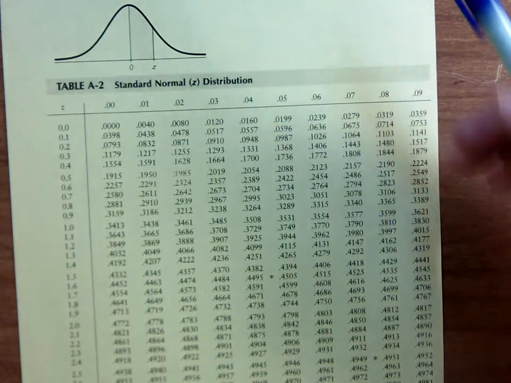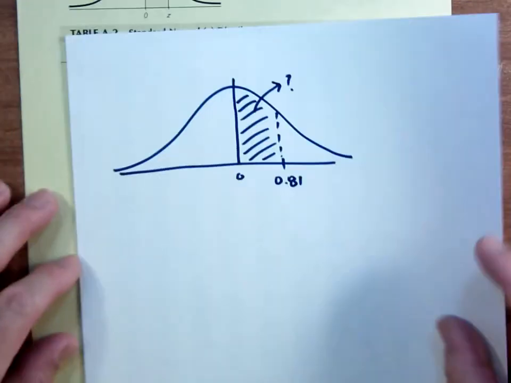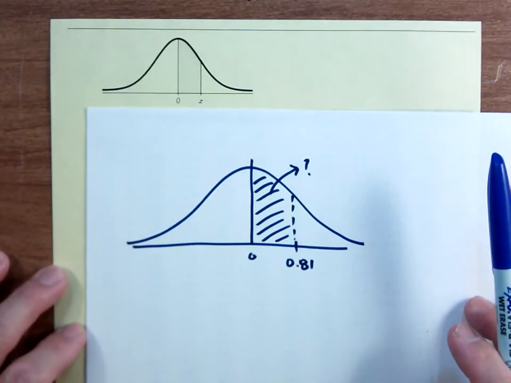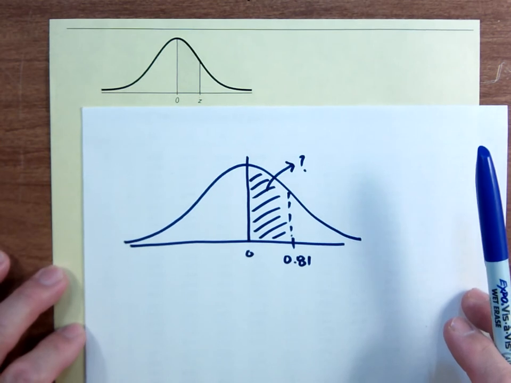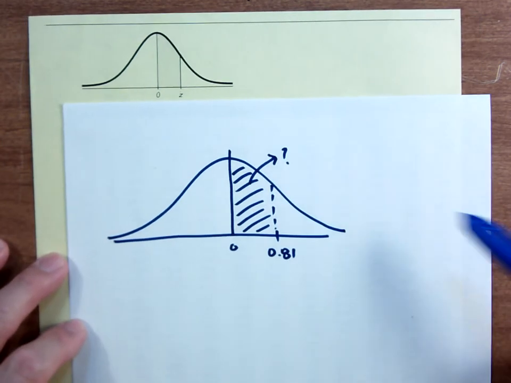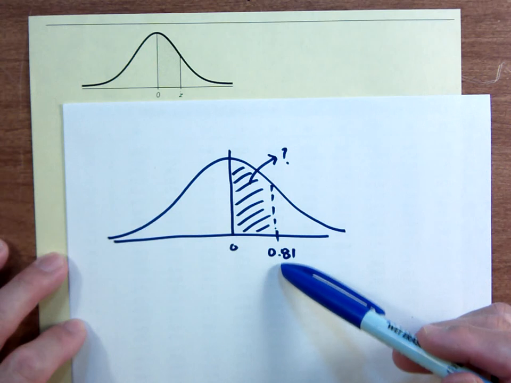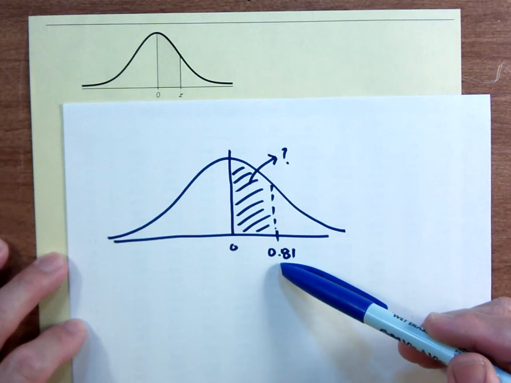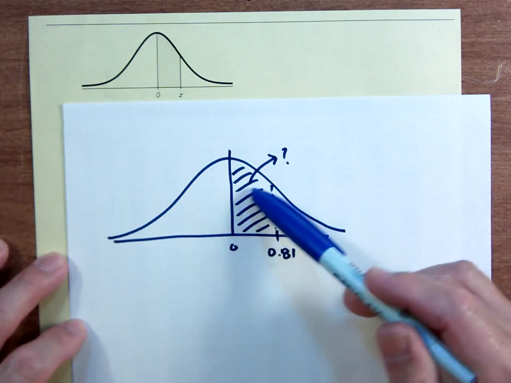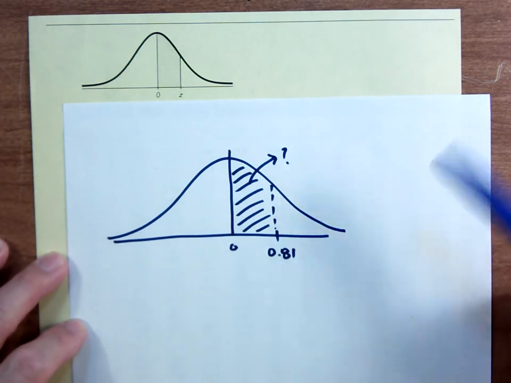So I have a little sample problem right up here. Here's a normal curve starting from 0, and I specify the z to be 0.81, and I want to know the area underneath the curve.